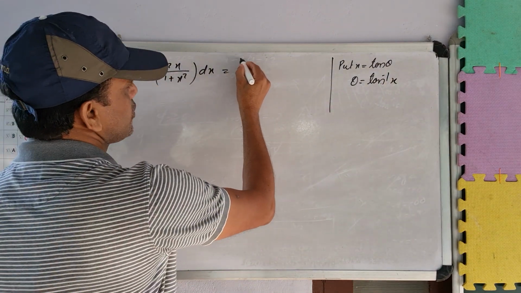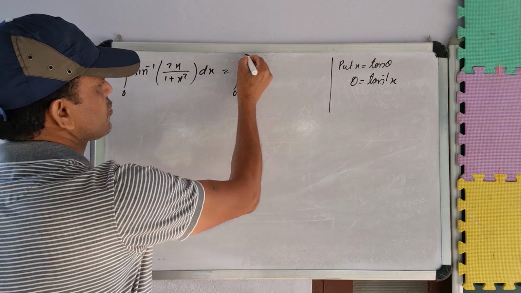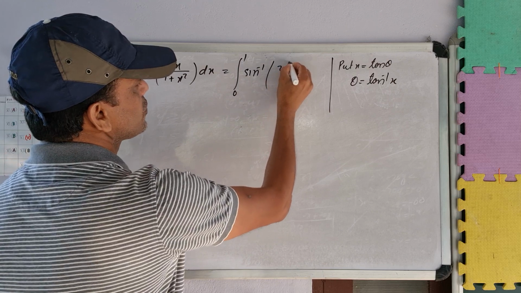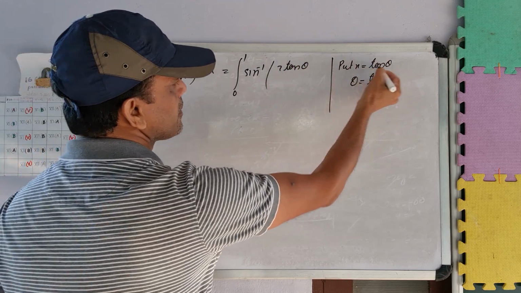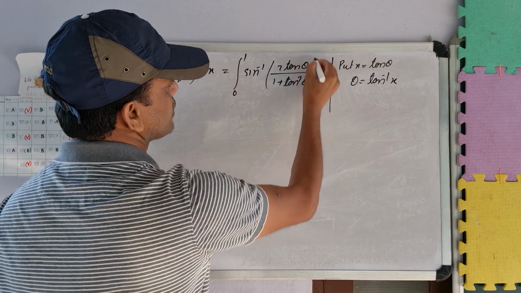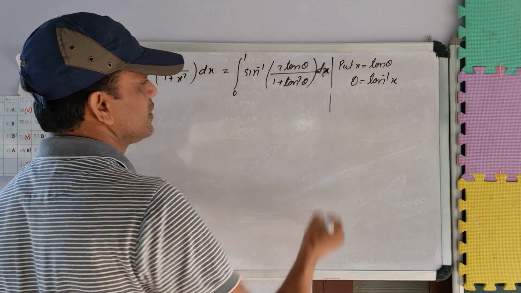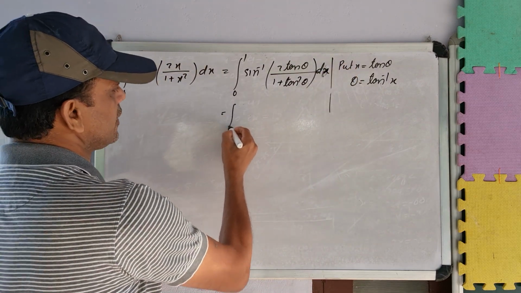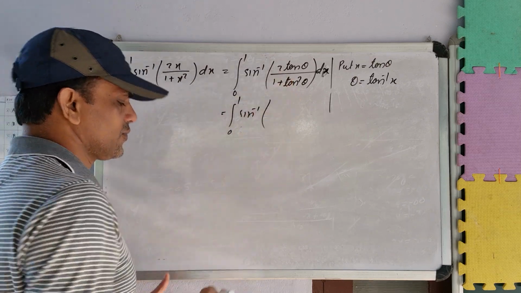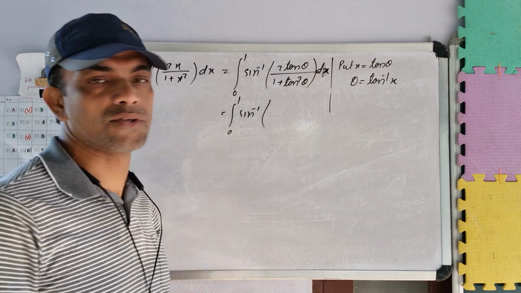Now we substitute, and I'm keeping the limit the same. Integral 0 to 1 sine inverse of 2 tan theta over 1 plus tan squared theta, dx. We know this is a trigonometric identity: 2 tan theta over 1 plus tan squared theta is sine 2 theta.